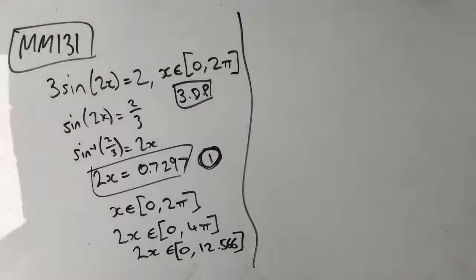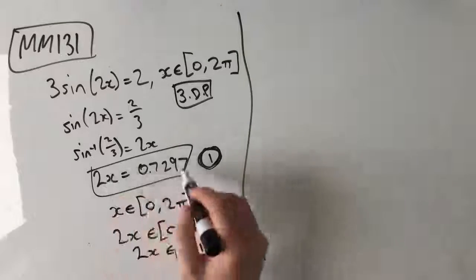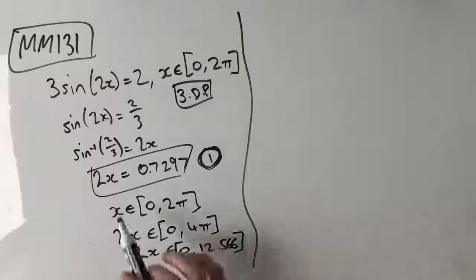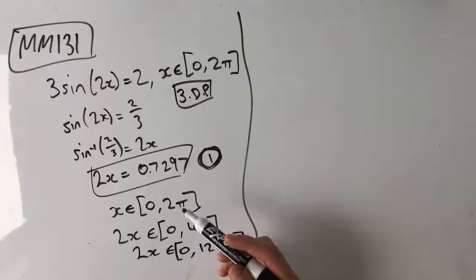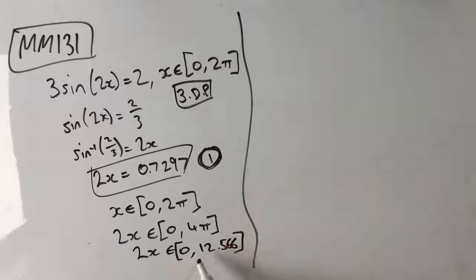Fantastic. And now we can actually get all of our values for 2x. So we know that 2x, the base angle is 0.7297 radians, and our domain is 0 to 12.566 radians. So what we want to do is actually figure out all of the possible values for 2x.